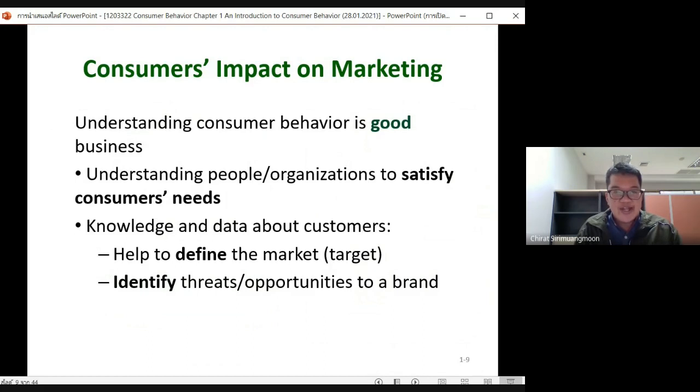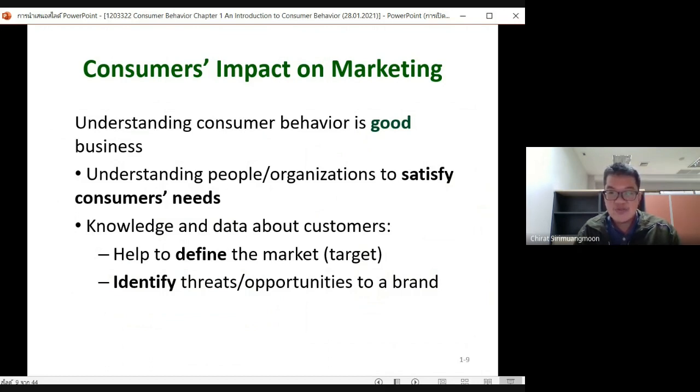Why do we need to understand consumer behavior? Because consumer behavior is good for business. This is something you must understand. Consumer behavior can help you have a good business by helping you define who the target consumers are. It can also help you identify the threats and opportunities for the brand.